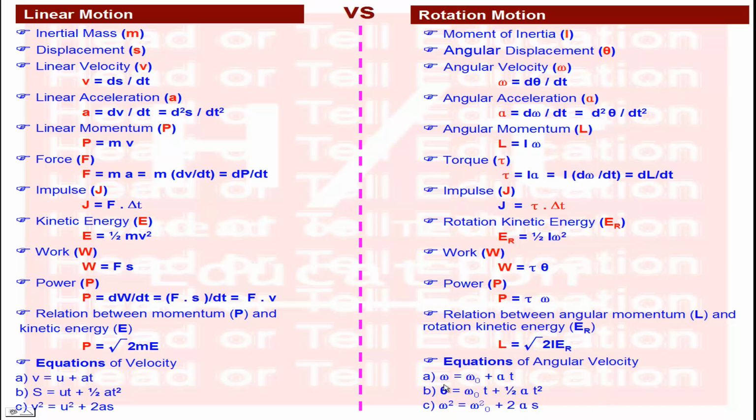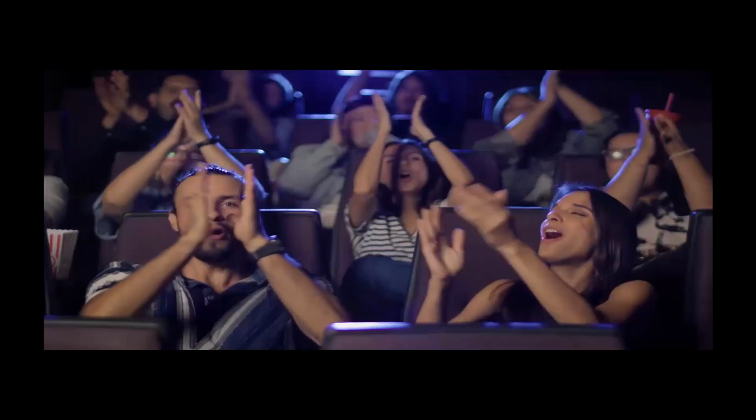Omega is the final angular velocity, omega 0 is the initial angular velocity, alpha is the angular acceleration, t is time, and theta is the angular displacement.